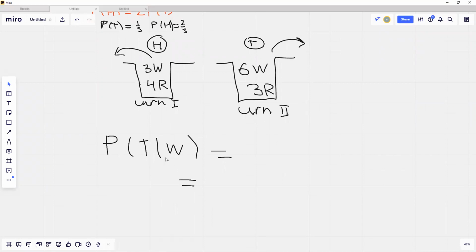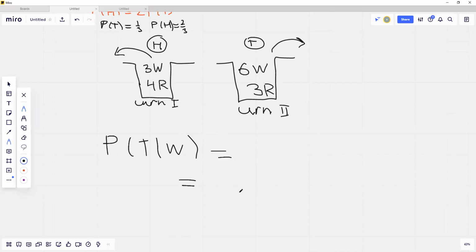If we reverse these two, then we are asking what is the probability that we draw a white chip if our coin came up tails? Now this question we can answer. This is simply the probability of drawing a white chip from urn number 2.